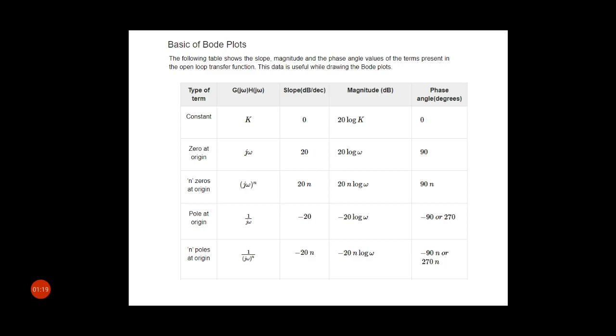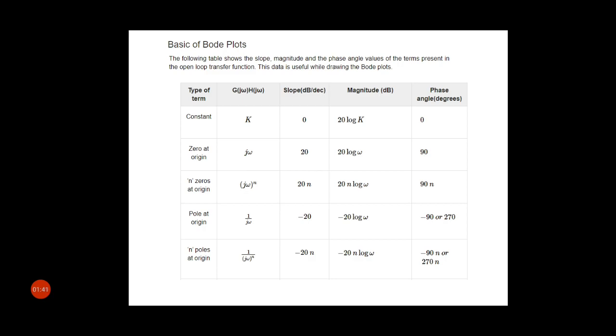Now if we have a zero at origin, that means if we have jω, then our slope is plus 20 dB per decade, the magnitude is 20 log ω and the phase angle is 90 degree.